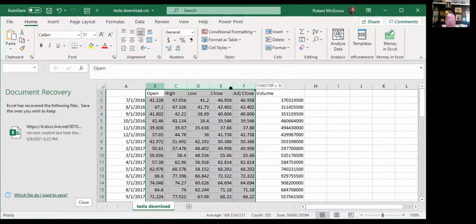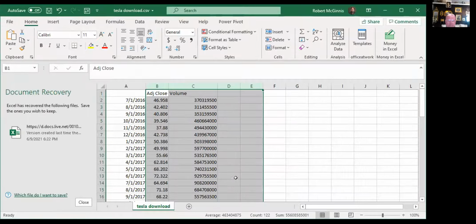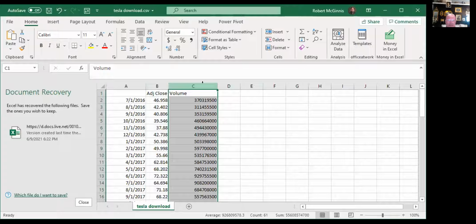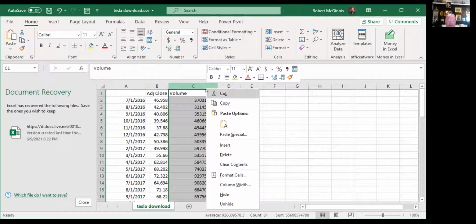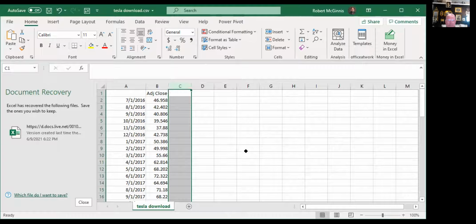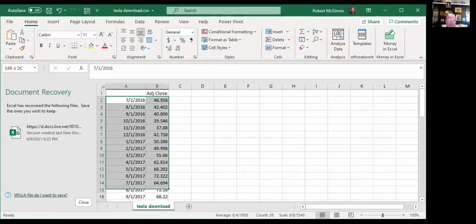There we go. And then delete this last column. And then you've got 60 months here, so you just copy that into the template.